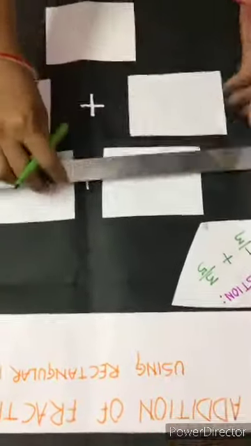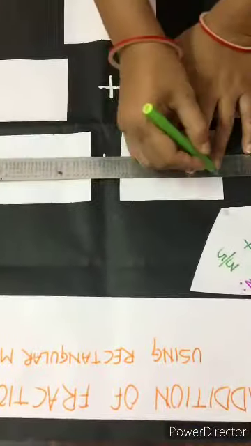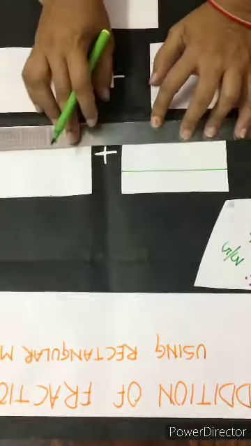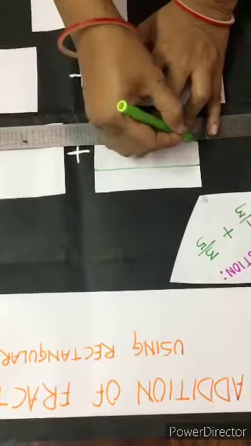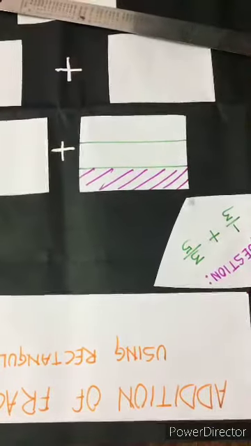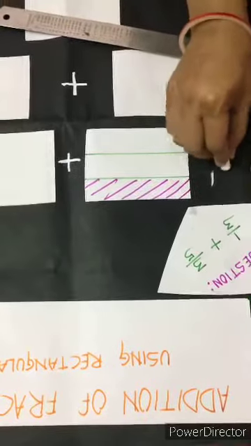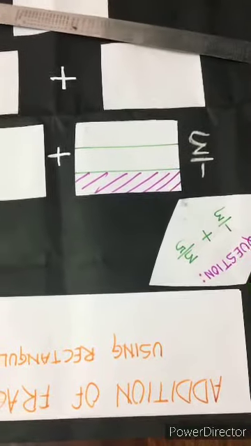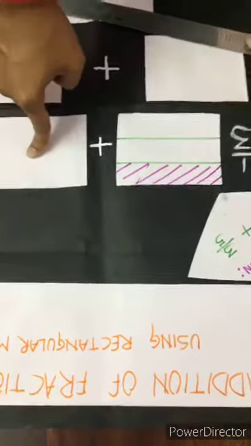So as we have seen now only 1 by 3. How can you represent 1 by 3? Here are two rectangular strips. I will divide the first rectangular strip in 3 equal parts. And when I shade one part, this figure represents 1 upon 3. Similarly, in the next rectangle, we have to show 3 by 5.